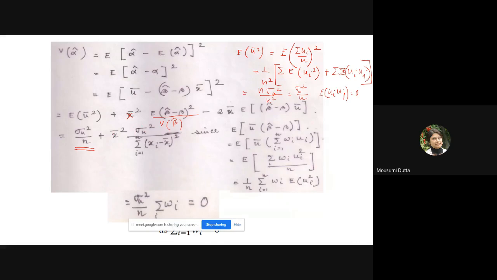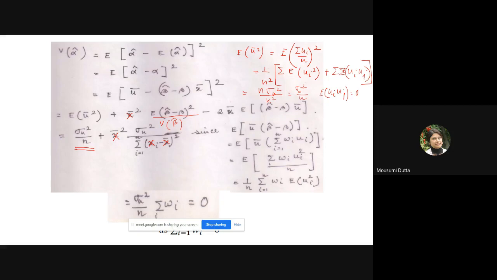So x bar square will be as it is, and it is sigma u square divided by summation xi minus x bar whole square. Any question regarding the second term? Simply, I am putting the value of variance of beta hat OLS, which is sigma u square divided by summation xi minus x bar whole square.